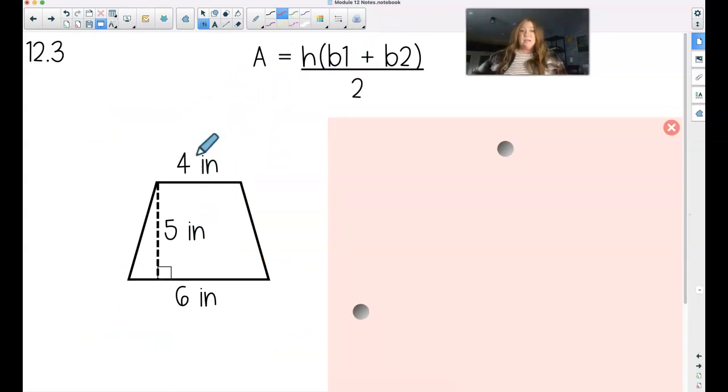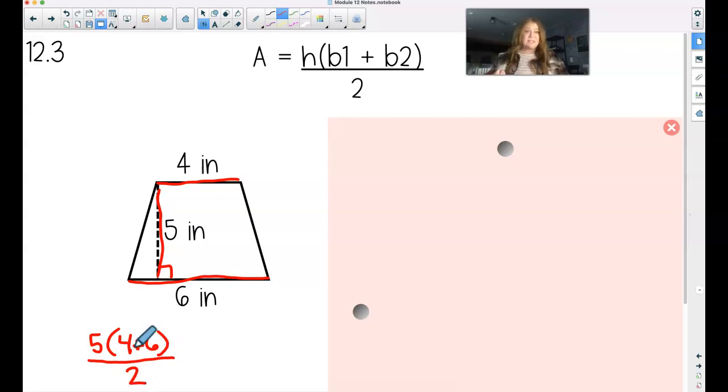So we can see base 1 is 4 and base 2 is 6. So I need to do 4 plus 6, and then my height, connecting the two bases, is 5, so I'm going to multiply by 5, and then I have to cut it back in half.